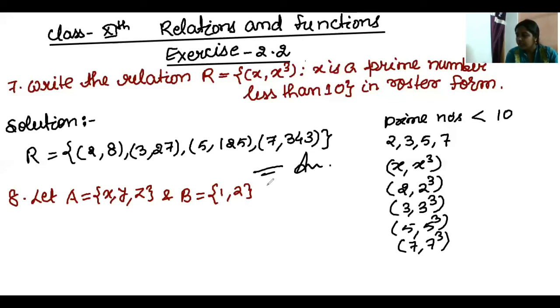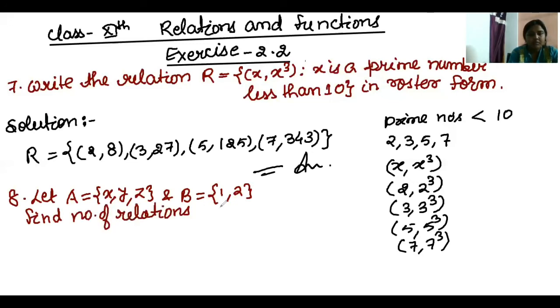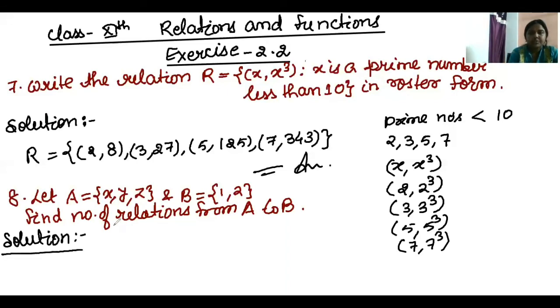Then find the number of relations from A to B. Whenever we have to find the number of relations, we know that the number of relations equals the total number of subsets of the Cartesian product.